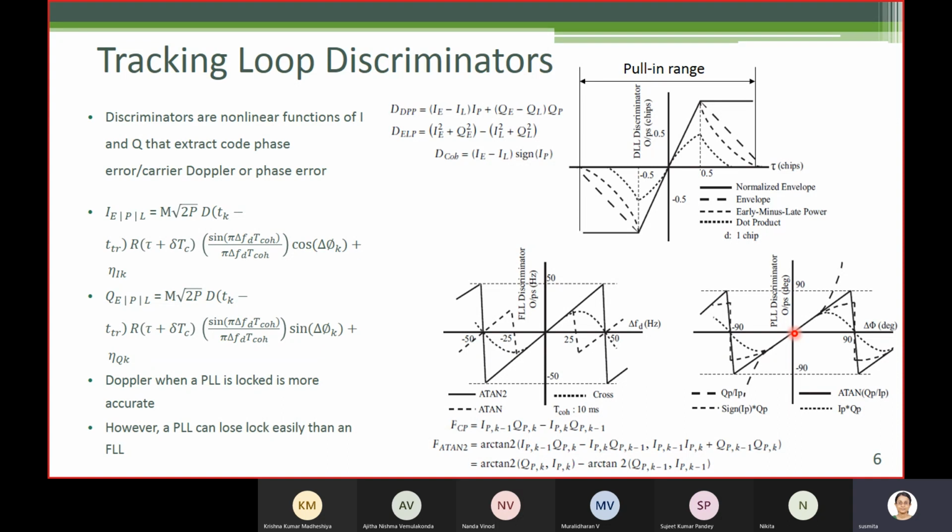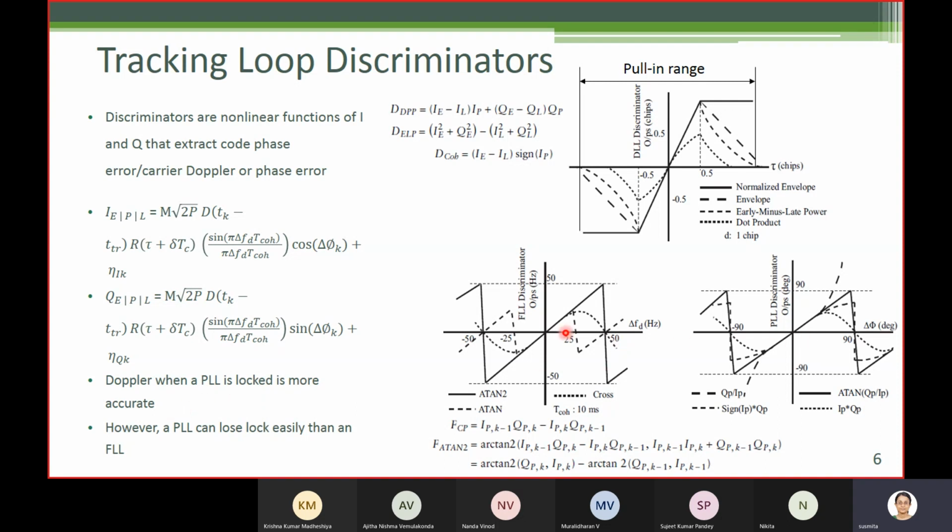So when the PLL is locked, meaning delta phi is near 0, it is much more accurate because the pulling range is shorter. Whereas this one tolerates more error, so it is comparatively less accurate. This is why it is written that Doppler when PLL is locked is more accurate.